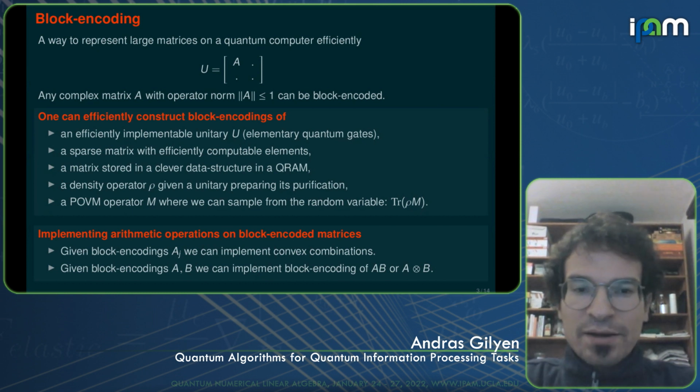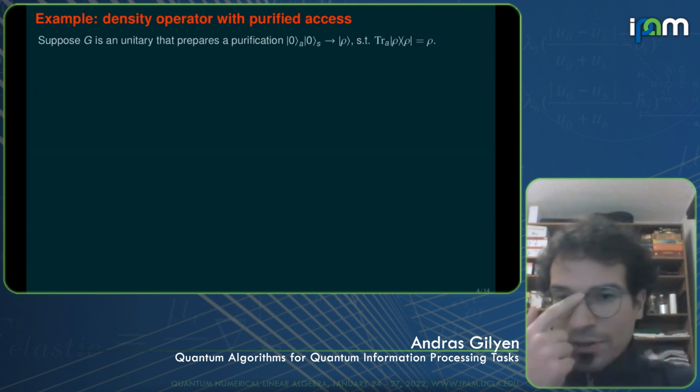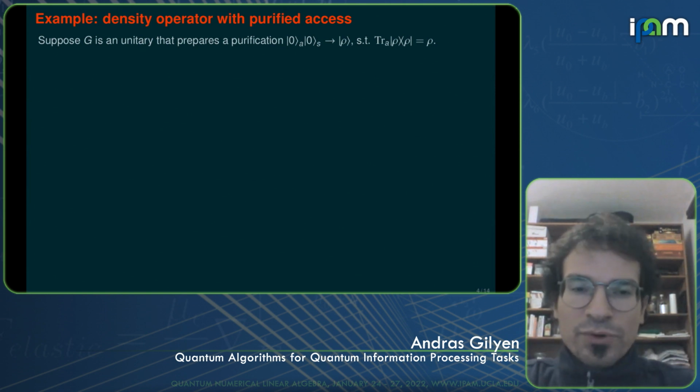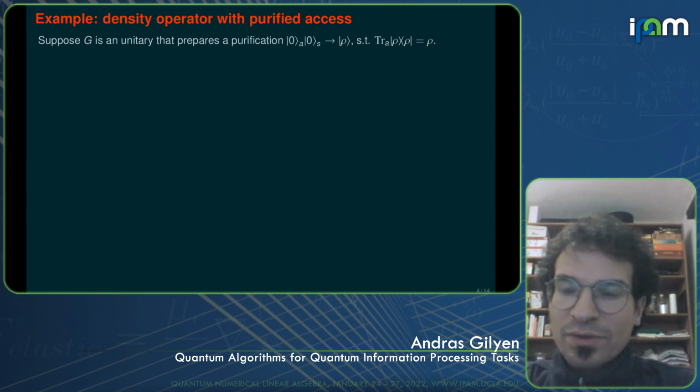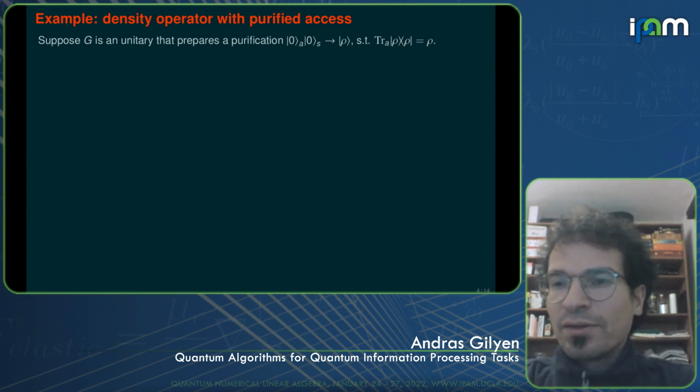Okay, so now these are just the basic tools that we can use, and now how to apply it to different problems. So here I just wanted to spend a few more minutes on this density operator block encoding. So suppose that you have G, which is a unitary matrix that prepares the purification on some ancilla system qubits, such that if you trace out the ancilla qubits of this pure state, then you get density operator rho.